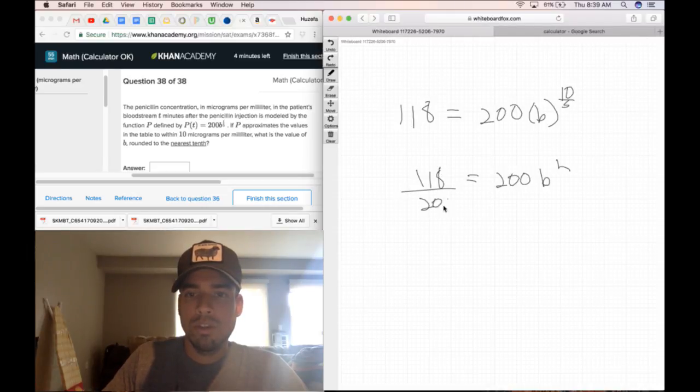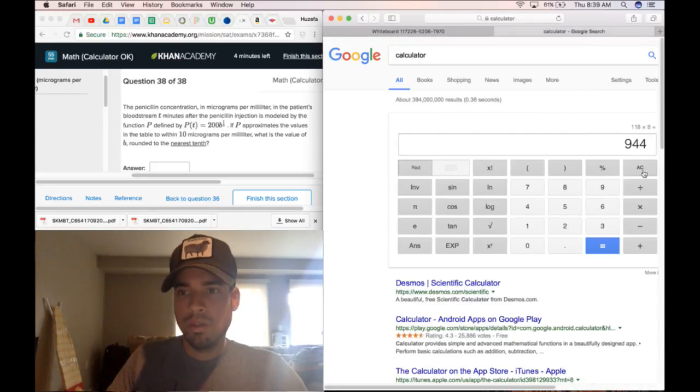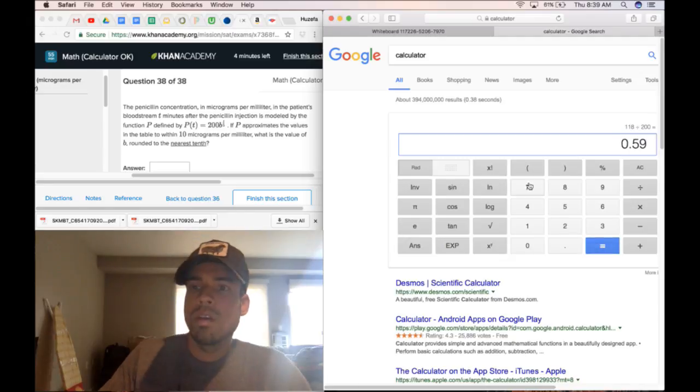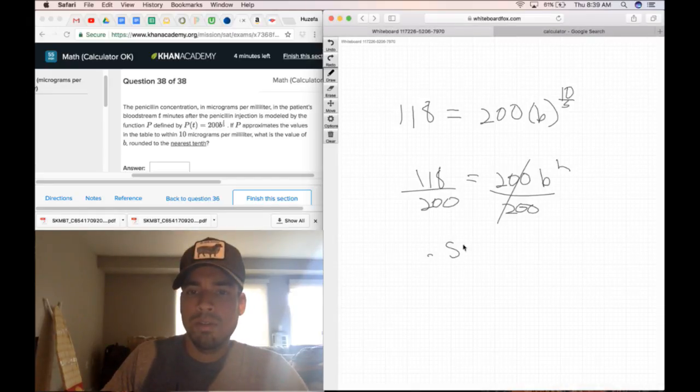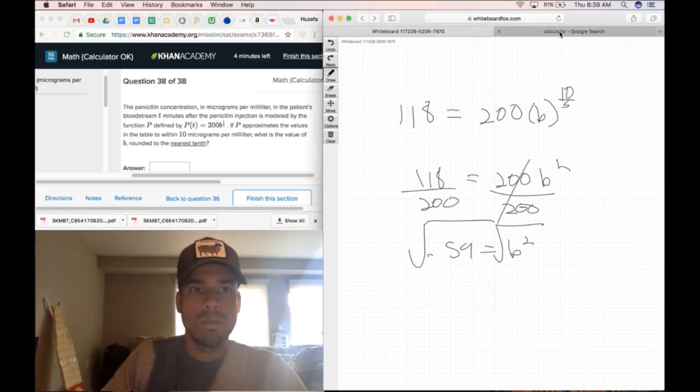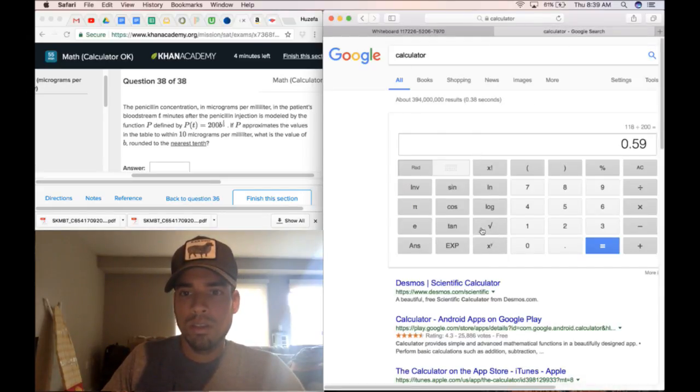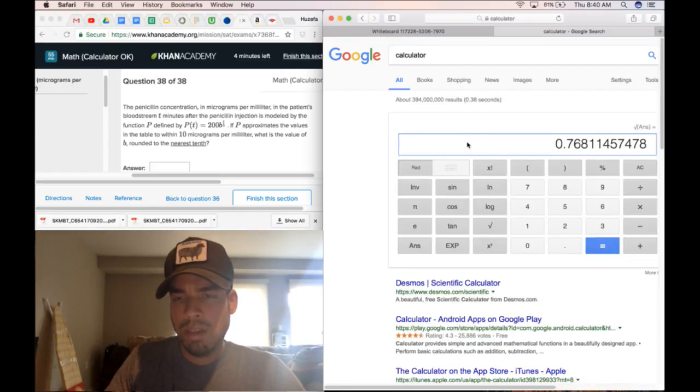Divide both sides by 200. 118 divided by 200 is 0.59, so 0.59 equals b squared, and then square root. Square root of 0.59, rounded to the nearest tenth, is 0.8.